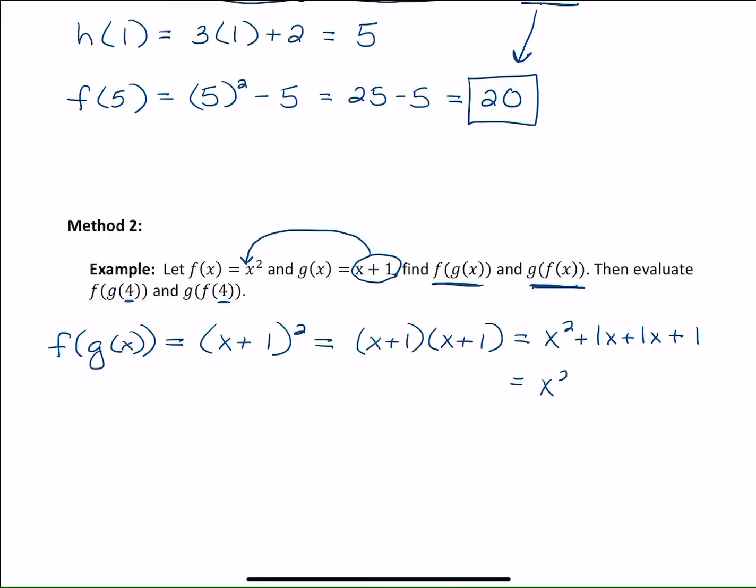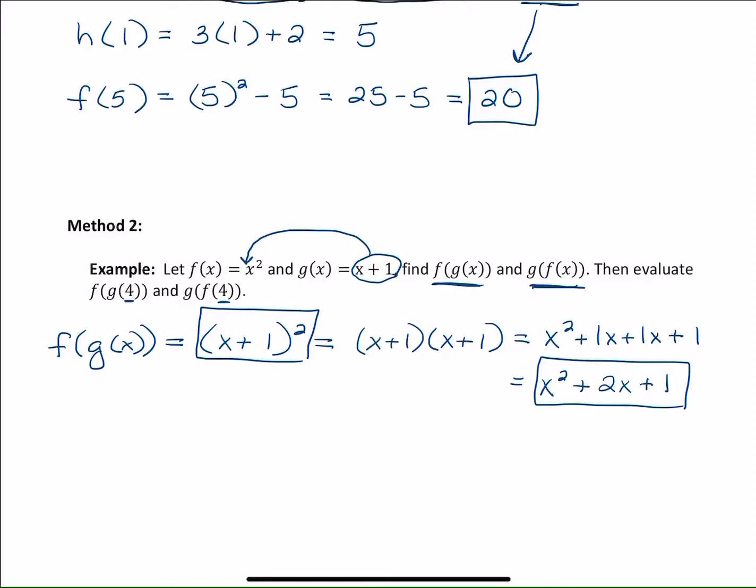So you'd have x squared plus 2x plus 1. I am fine if you leave it squared or if you go ahead and square it. Either one of those is acceptable.